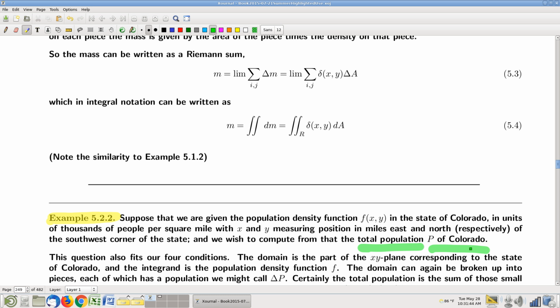I think, pretty sure. Correct me if I'm wrong on that. But anyway, we're going to pick Colorado arbitrarily. And let's compute that total population, given that I know the population density function, the number of people per unit area in Colorado. And maybe I have an analytic function describing this, or more likely I just have data that allows me to simulate a function.